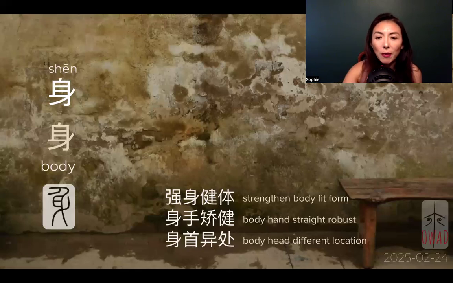So in 身手矫健, we use body and hand because a lot of sports you play with your hand, or even farm work, right? You can do your business with your hands most likely, to act on the external world through your hand. So we use body and hand to symbolize your motion and the motion that has an effect on the world.